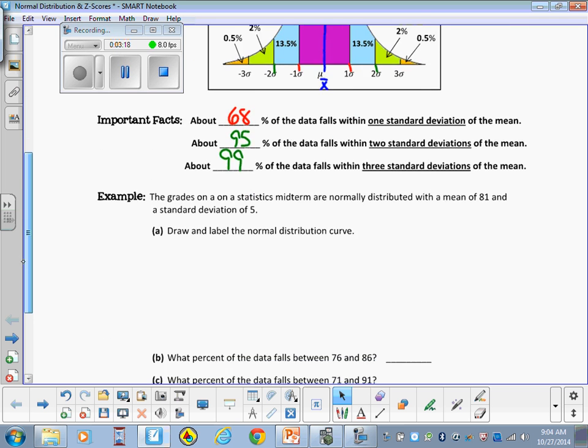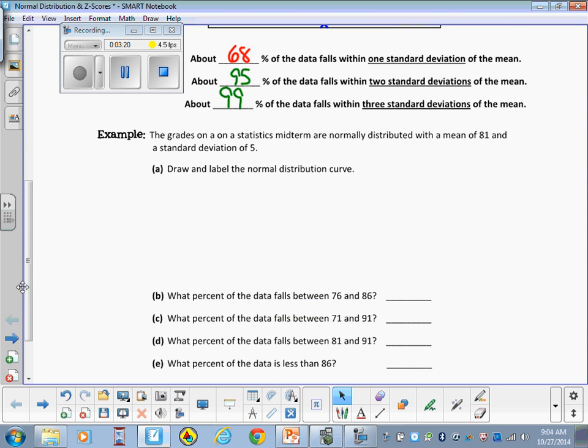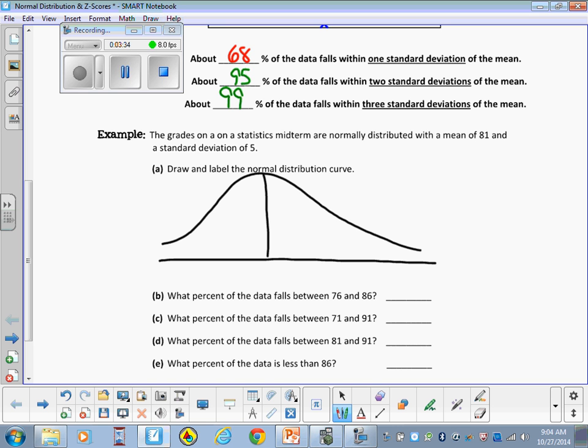So let's take a look at an example. The grades on a statistics midterm are normally distributed with a mean of 81 and a standard deviation of 5. So let's sketch our bell curve. 1, 2, 3. 1, 2, 3. Okay, our mean is 81.